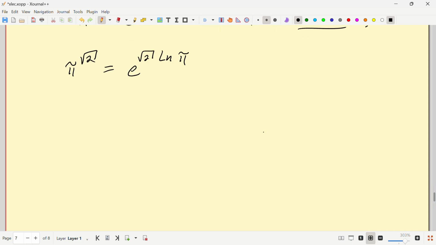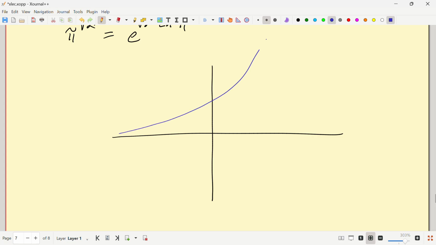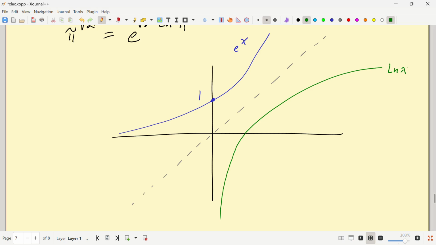Famous graph. I graph the exponential function. Looks like that. The log function you would get by reflecting that graph about the line y equals x. So here's the line, y equals x. And if you reflect that graph about the line y equals x, you get the log function. And this would go through that one.